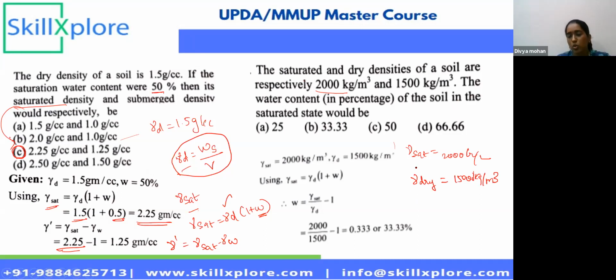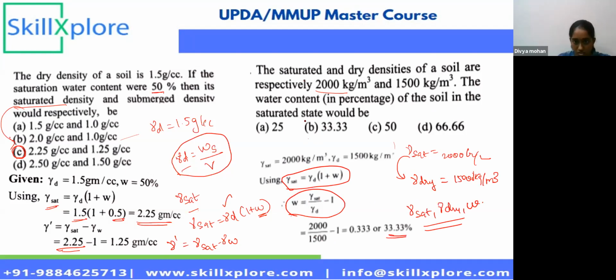So we have to think about which formula associates gamma sat, gamma dry and w. We already know the formula: gamma sat is equal to gamma dry into (1 plus w). After rearranging this formula, we get the right answer of 33%.